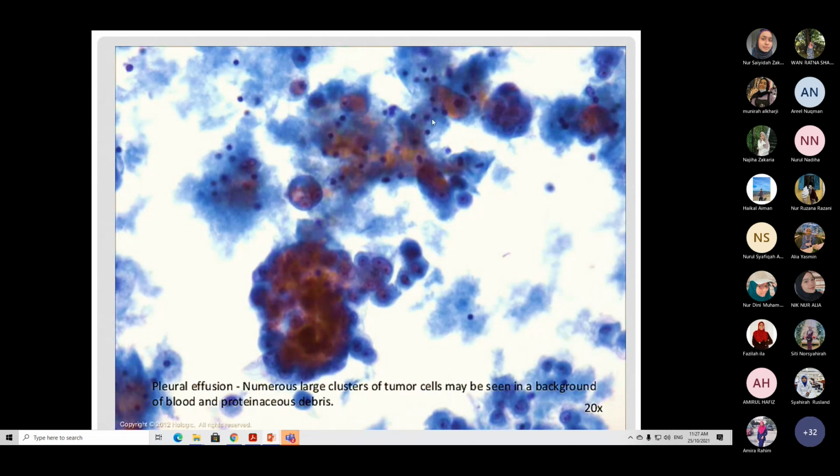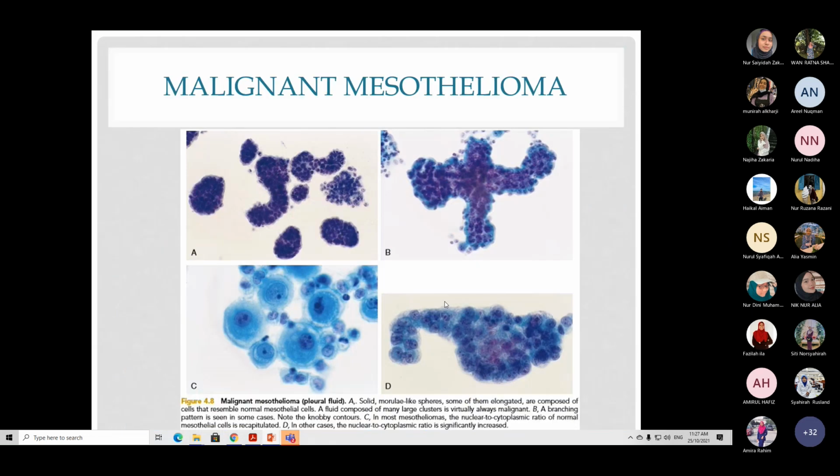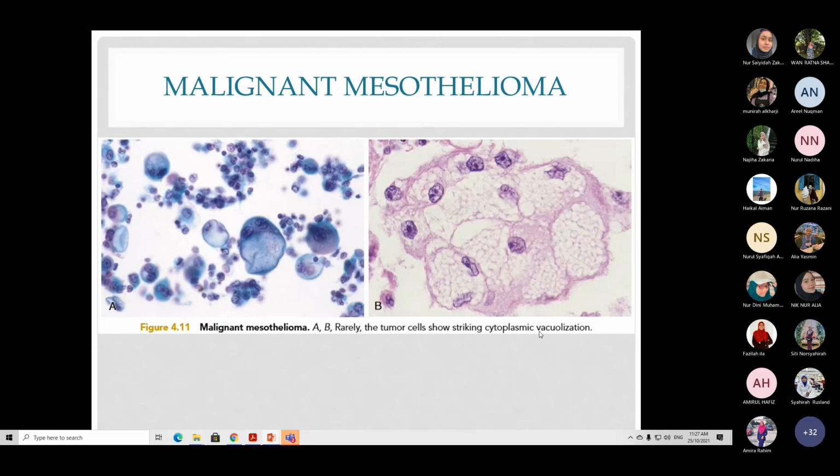So it's different from the normal cells just now, which do not form large clusters like in this image. And more example images of malignant mesothelioma, large clusters. Again, other images.